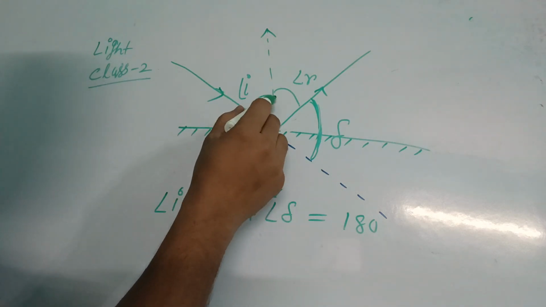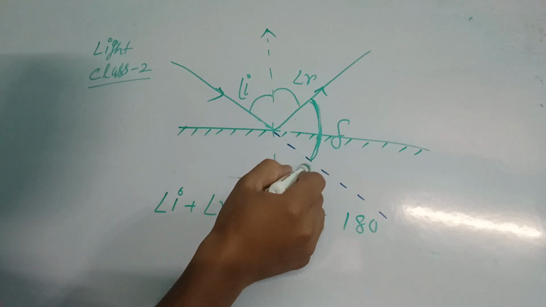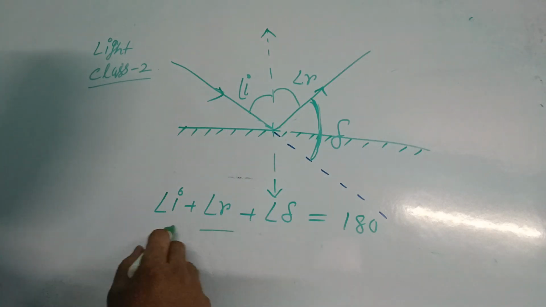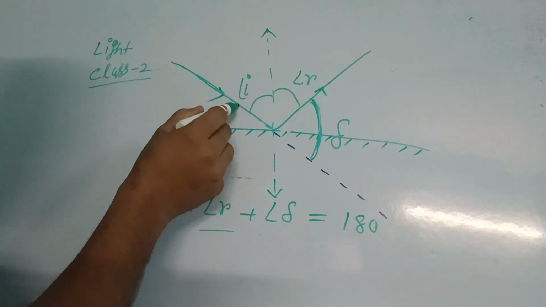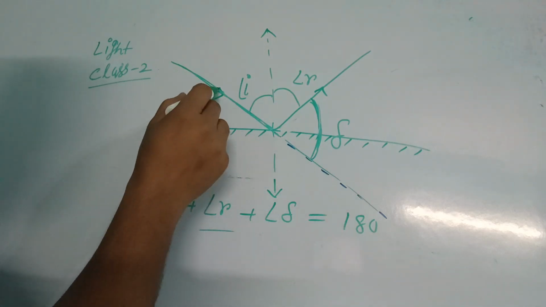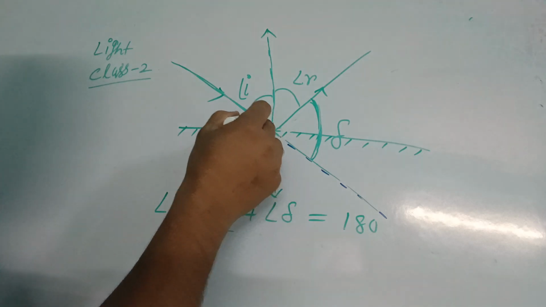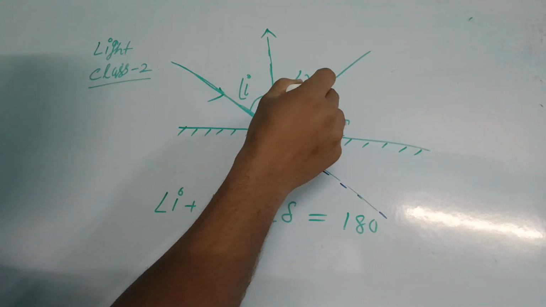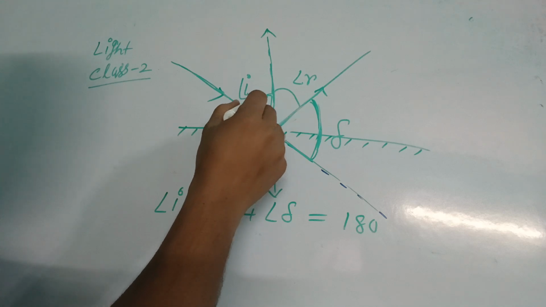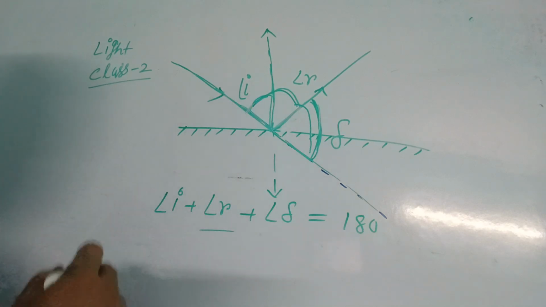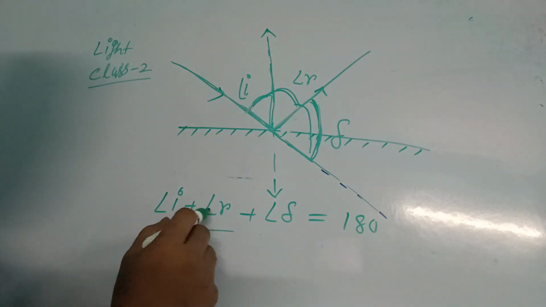So the sum of I, R, and delta is equal to 180, because this total angle is nothing but this angle plus this one plus this one. So three angles: I plus R plus delta.